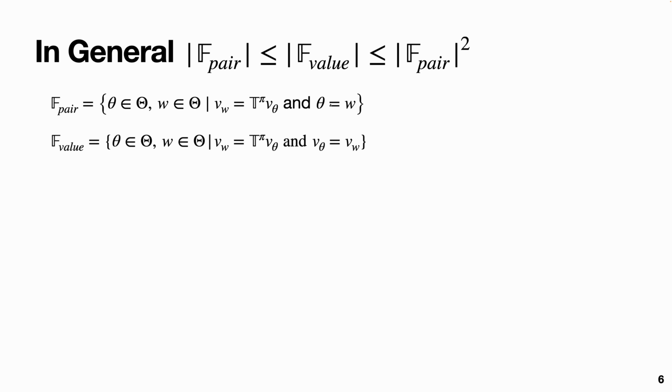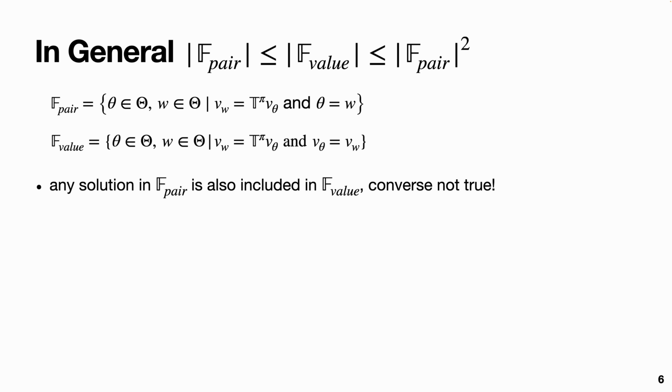This is one way to enforce the equality of the two value functions on both sides, but it is tossing away perfectly valid solutions. The more general way of enforcing that we want to learn a single value function is by directly enforcing it in the function space rather than in the parameter space. And if you think about it carefully, we will notice that any solution in F pair is also included in F value, which is the set that we are going to work with. But the converse is not true.